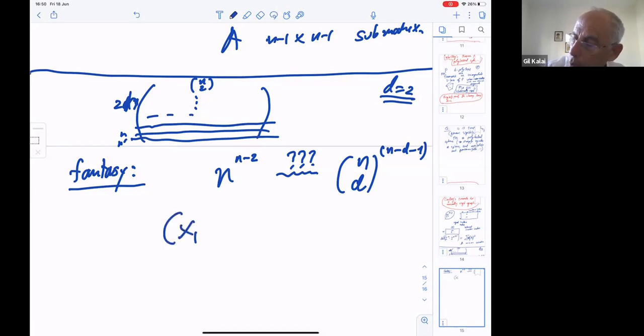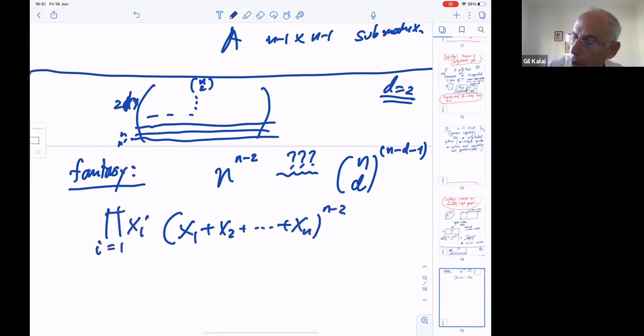So this is (x1 plus x2 plus ... plus xn) to the power n-2, times the product of the xi. This generating function gives you the number of labeled trees: a tree which has degrees d1 up to dn is counted with weight x1 to the d1, x2 to the d2, up to xn to the dn.